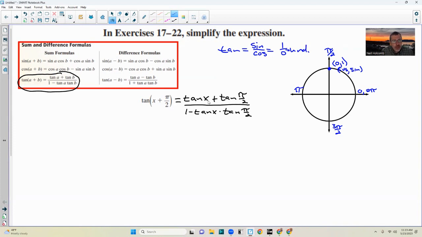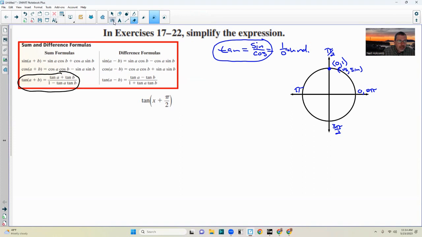So we're like, okay, well, tan x plus an undefined value over 1 minus tan x times an undefined value. We can't do that. What we weren't focusing on is what tangent equals, and it's sine over cosine. So I'm not going to do what we did in class today, because it can't be done because of the undefined rule. How about we do this?